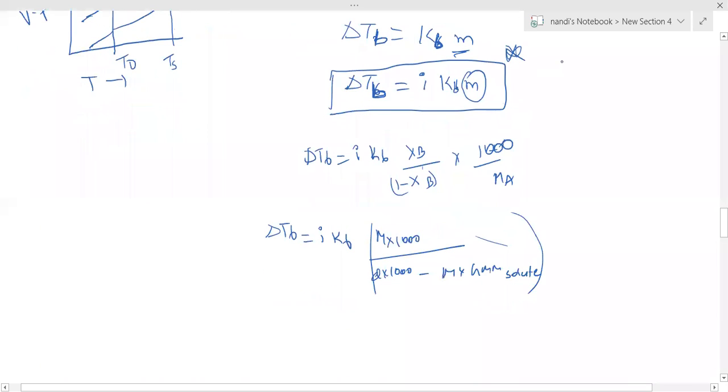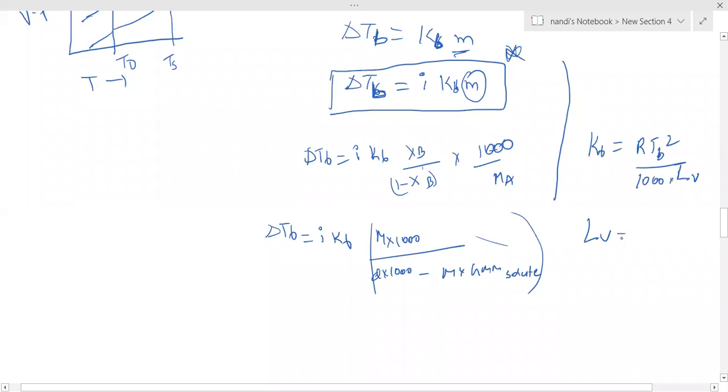Here, for KB, you have one formula from NCERT, sir. This is R TB, boiling point, square by 1000 into LV, the latent heat of vaporization.